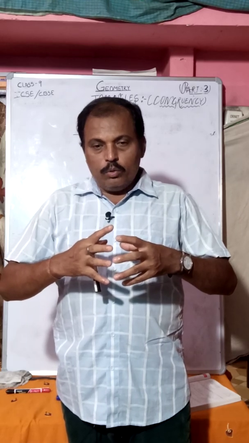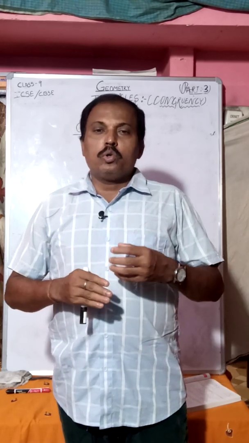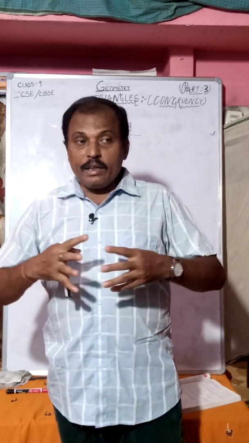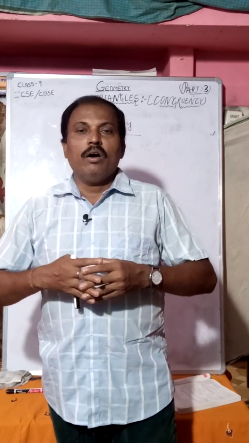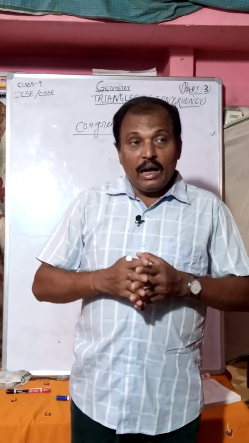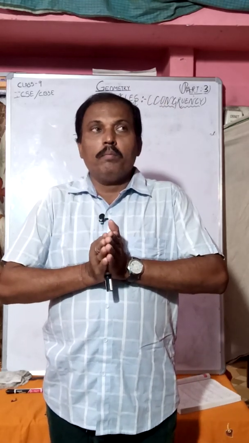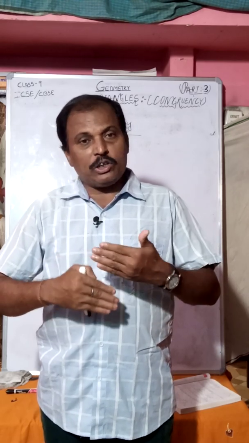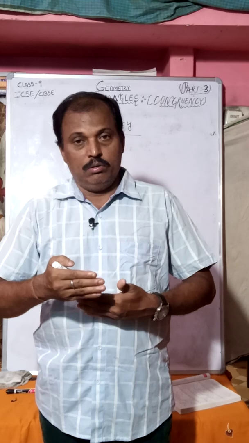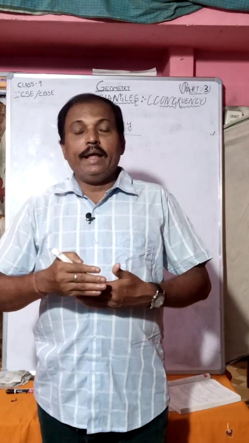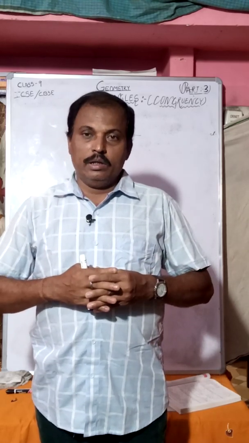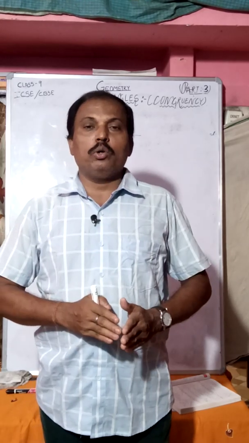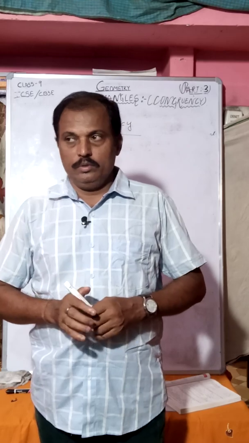When we compare two or more figures and all sides and angles are equal, then the two are effectively one figure. When you place one figure over another, they coincide with each other, then we call those figures congruent in size.